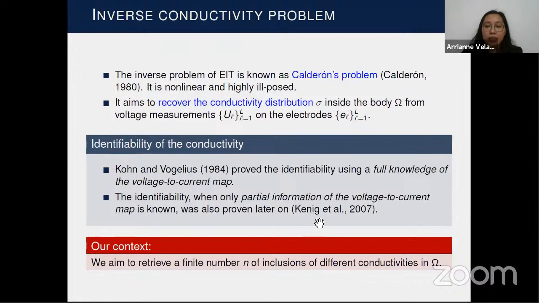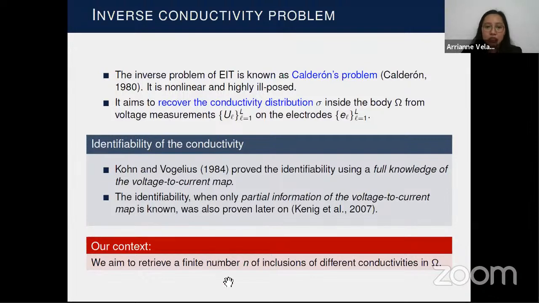And then Koenig and other authors proved the identifiability of the conductivity when only partial information of the voltage to current map is known. In practice, we only have partial information of the voltage to current map.